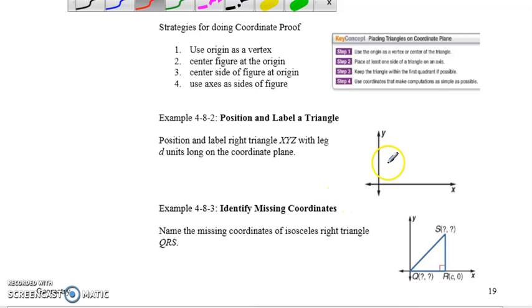So what we're going to do is label a right triangle. We're going to make this our right angle, again, this being a side and this being a side, those being our legs.